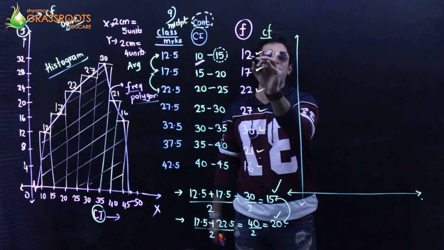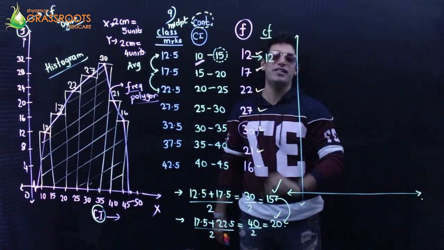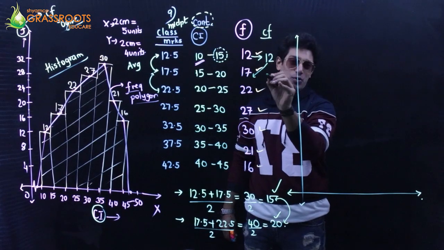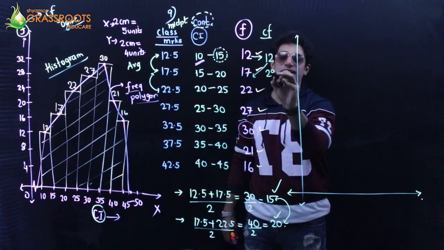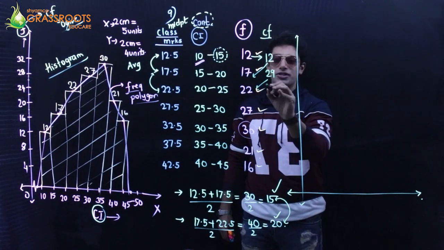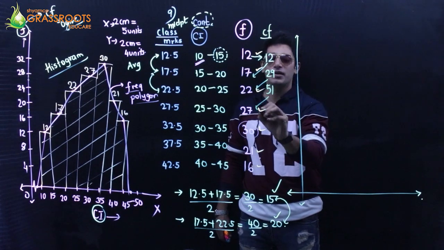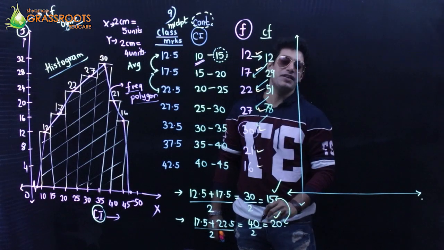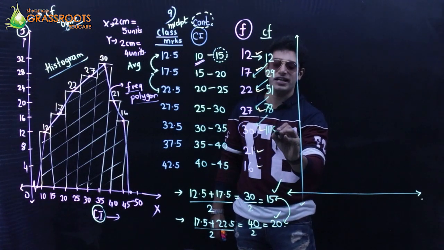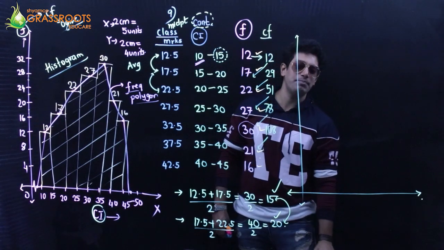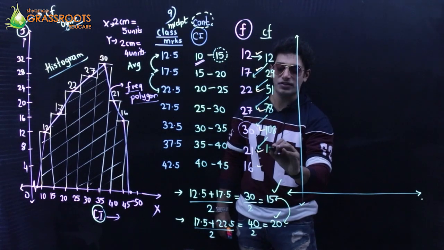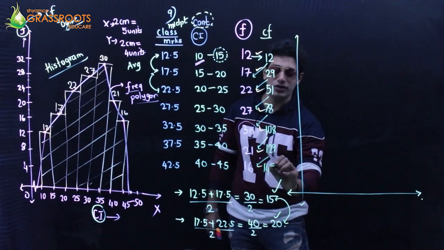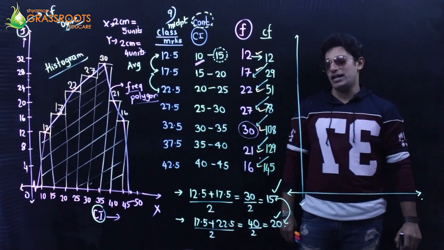So first we'll have to find out the cumulative frequency. 12. 12 plus 17, you should write down. 12 plus 17, 29. 29 plus 22, 51. 51 plus 27, 78. 78 plus 30, 108. 108 plus 21, 129. Plus 16, 145. Alright.